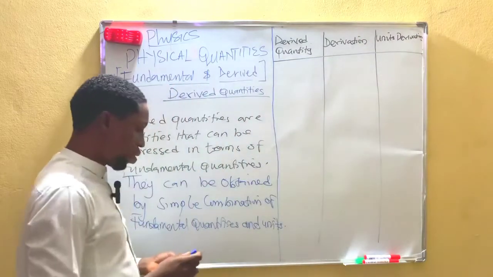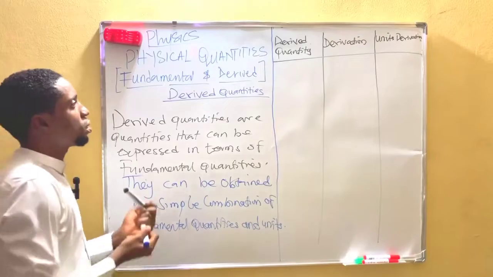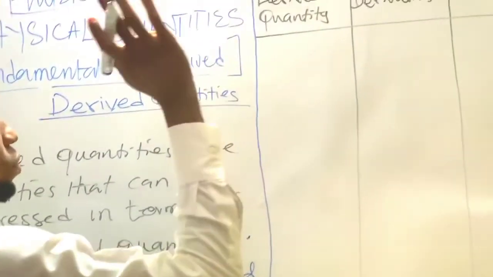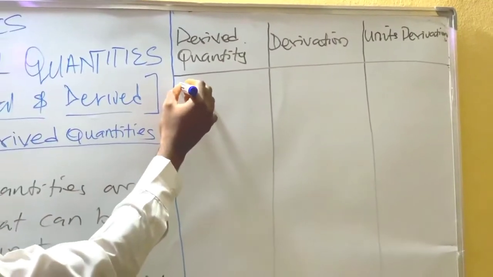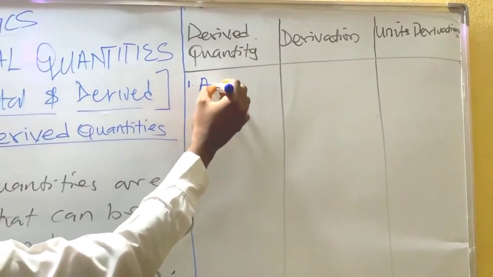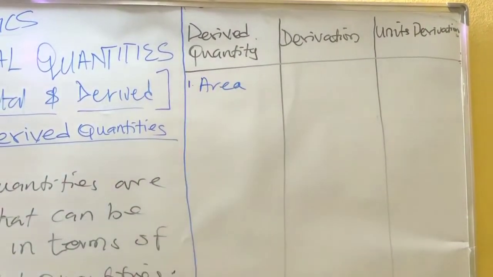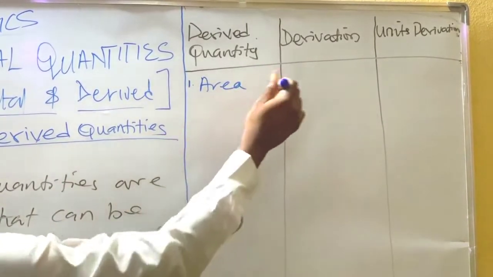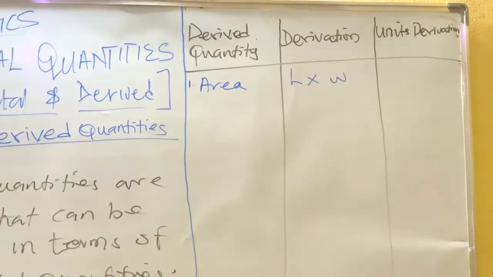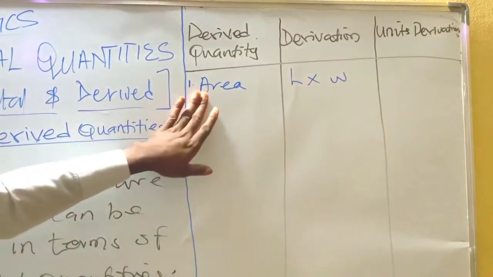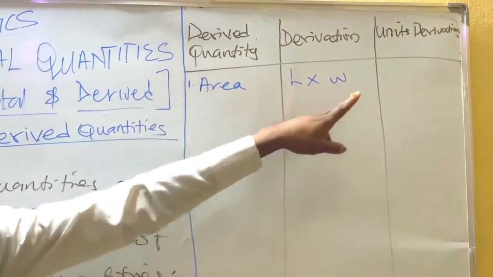Number one of the derived quantities is length. Sorry, number one is area. So remember that area is length times width. Area is length times width.